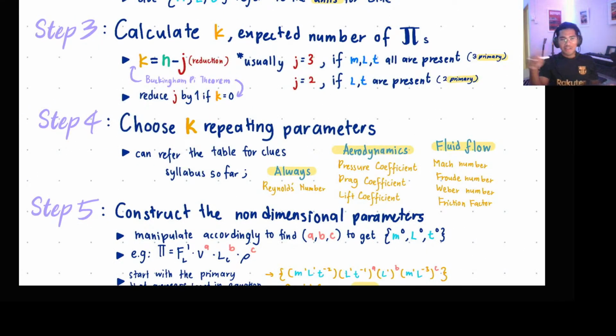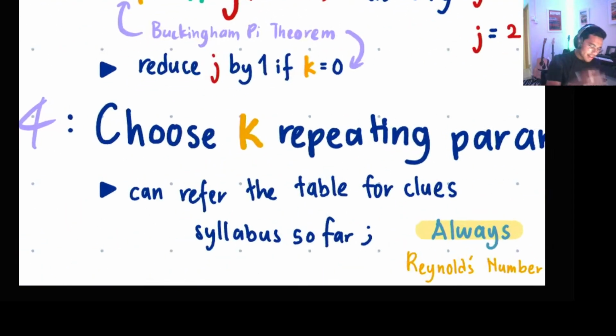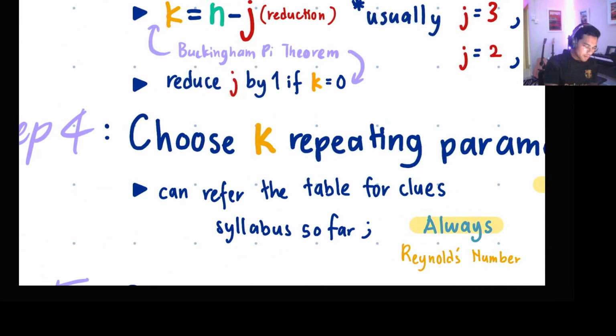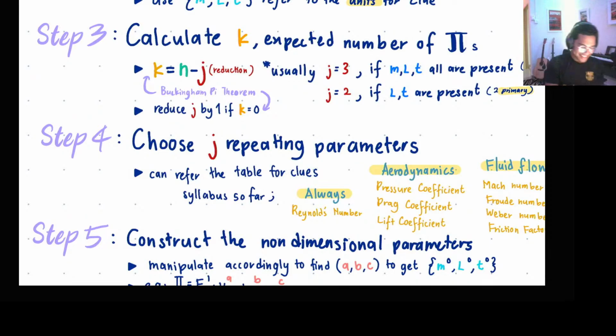Okay, I think you guys should correct that tadi tu. Choose j repeating parameters. The non-dimensional parameters tu yang k. Betul-betul. Total tu betul. Aku nervous.